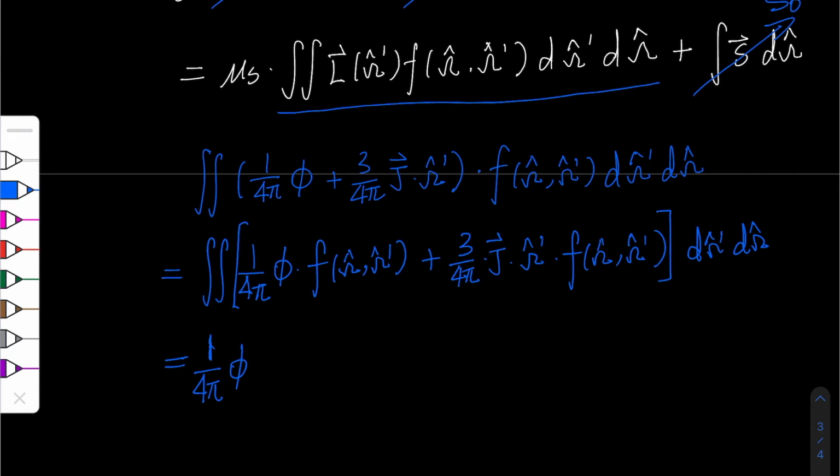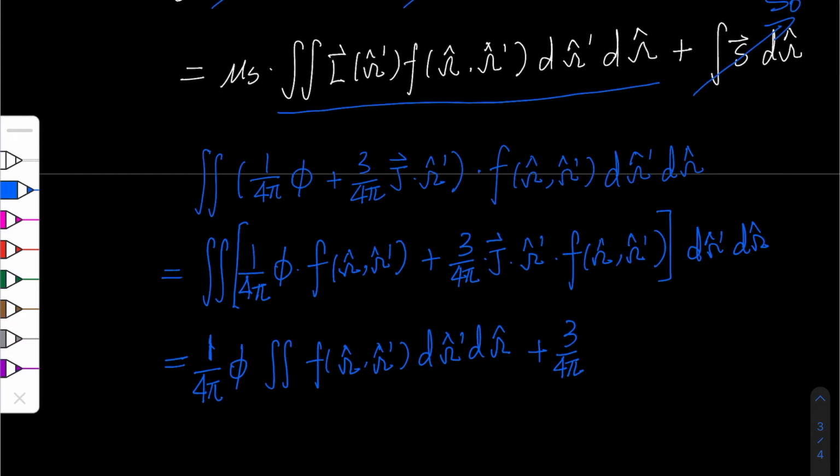What is left is the integral of the f function of omega hat prime d omega hat prime d omega hat. For the next term, in the same way, 3 over 4 pi can be taken outside of the integral.